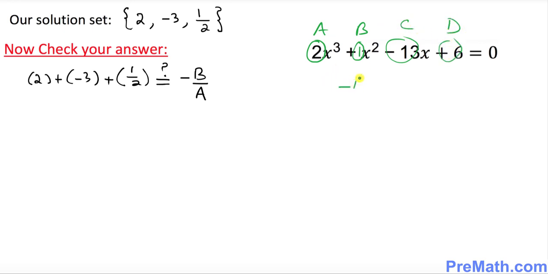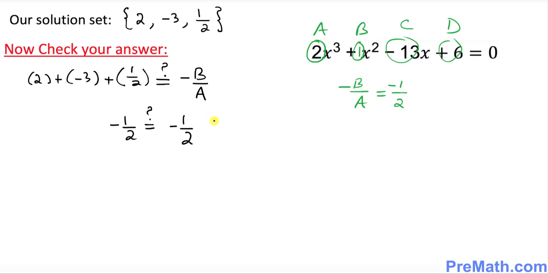So minus b over a is simply equal to negative 1 over 2. So that means now if you add and subtract everything, you're going to see that we're going to have a negative 1 over 2 on the left hand side, and on the right hand side minus b over a turns out to be negative 1 over 2 as well, isn't it?